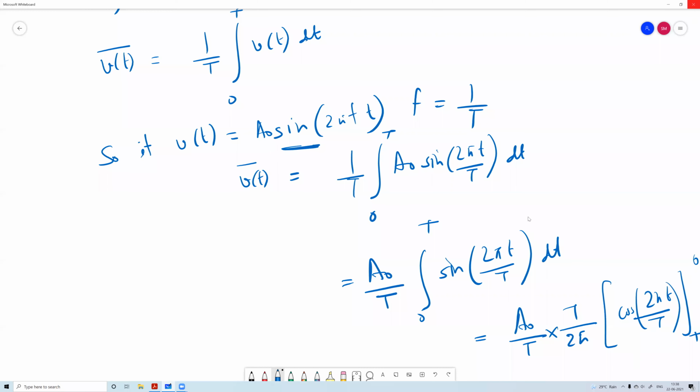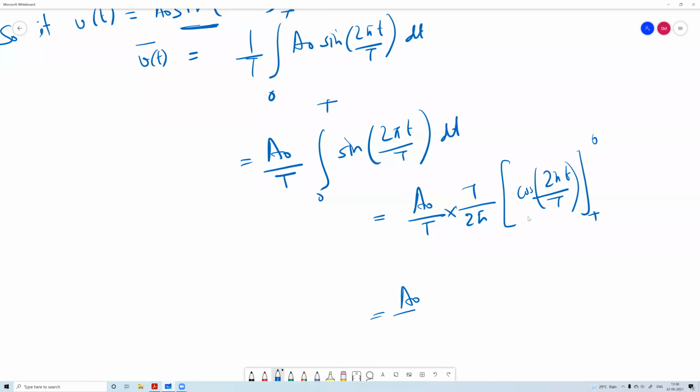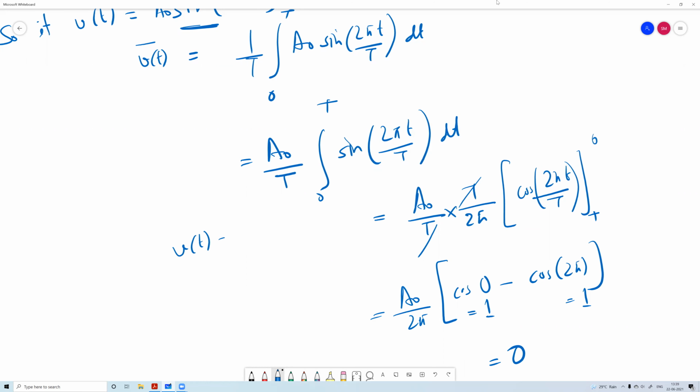So this would be A naught, T gets cancelled. Cos 0 minus cos 2 pi. Its value is 1, its value is also 1. So this one is 0. So V bar t is 0.